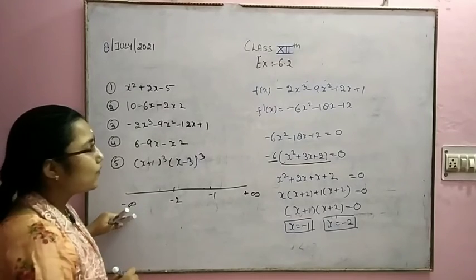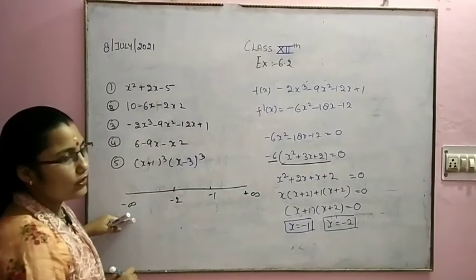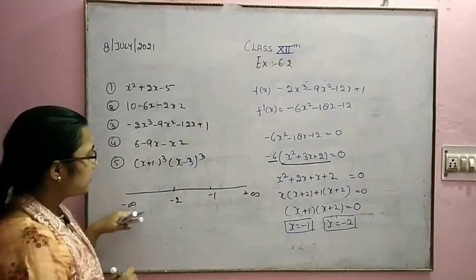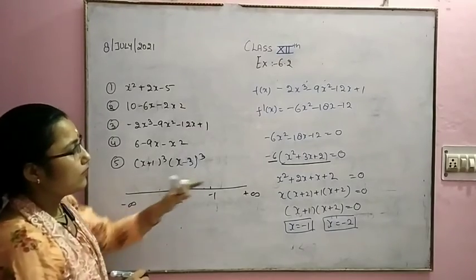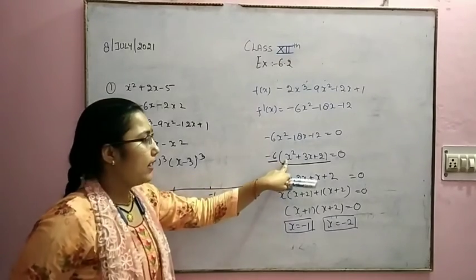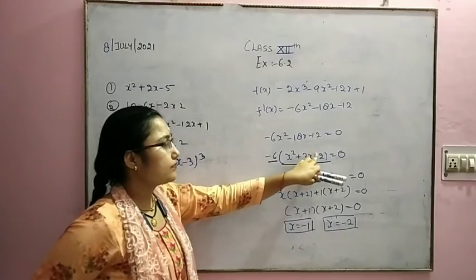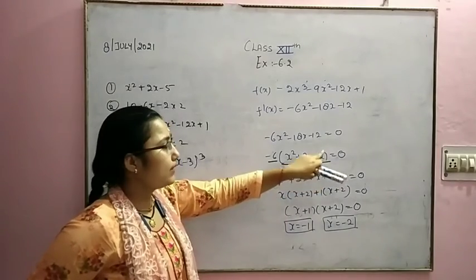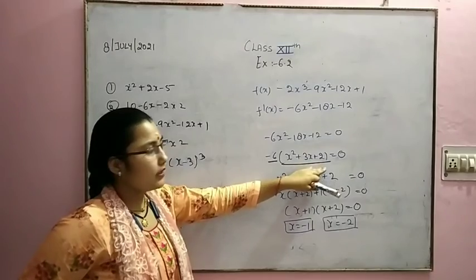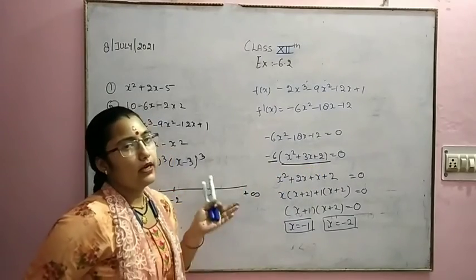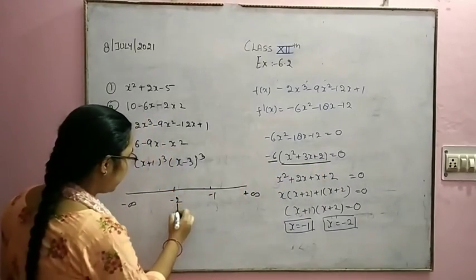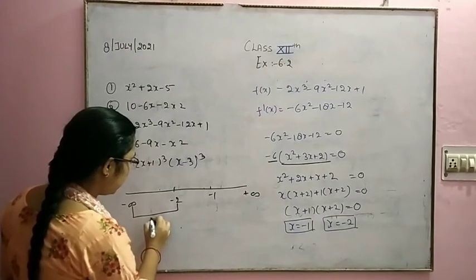For less than minus 2, just take minus 3: we get 9 minus 9 plus 2, a positive value. Positive times negative gives negative, so f dash x is less than 0 and the function is decreasing.